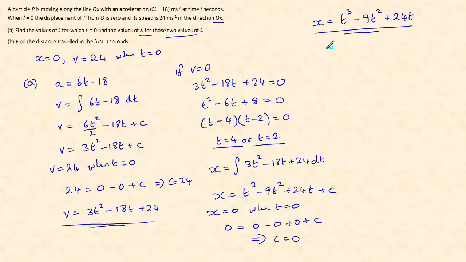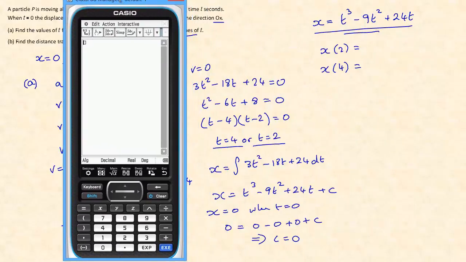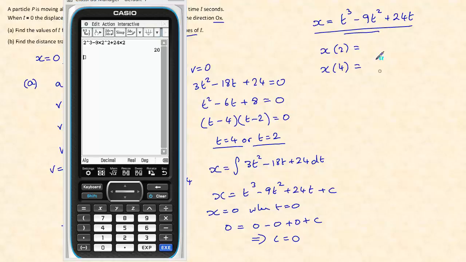We want x of 2 and we want x of 4. So let's just bring the calculator in. So we've got 2 cubed minus 9 times 2 squared, add 24 times 2, and that gives us 20.